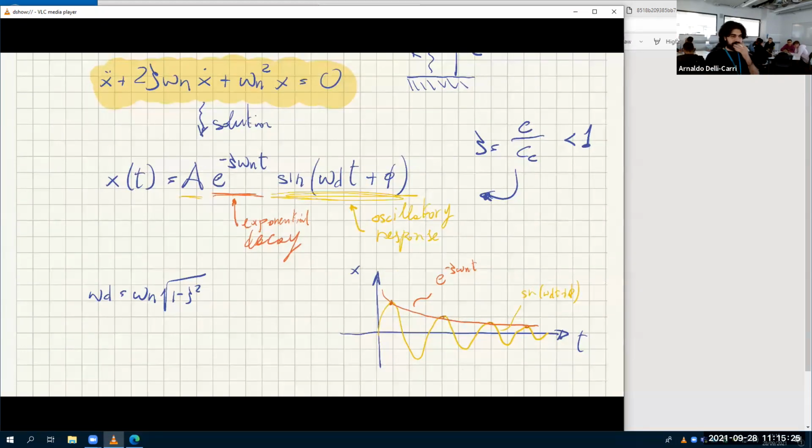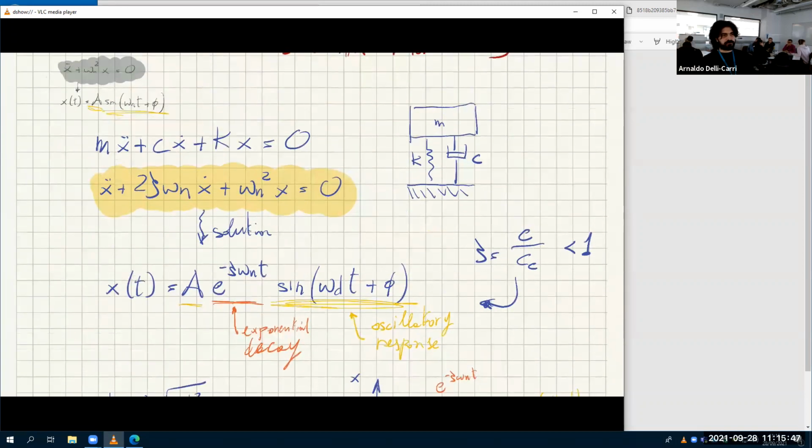So as you can see, omega d will be the same as omega n if zeta was 0. What does it mean for zeta to be 0? Well, the only way for zeta to be 0 is to have c equal to 0, so no damping. So if there's no damping, omega d becomes omega n, and see what happens if you have no damping.